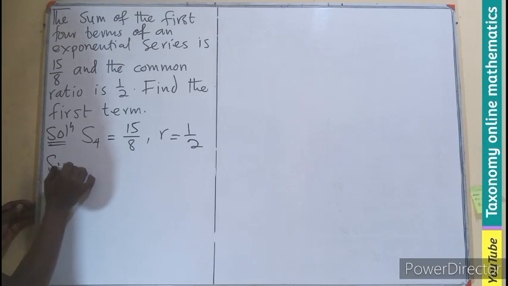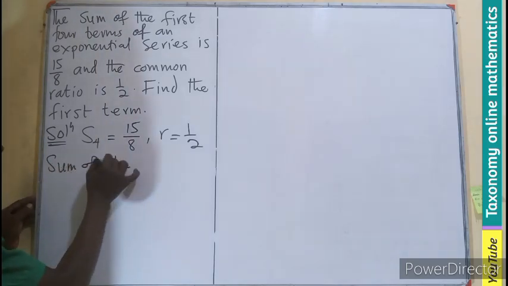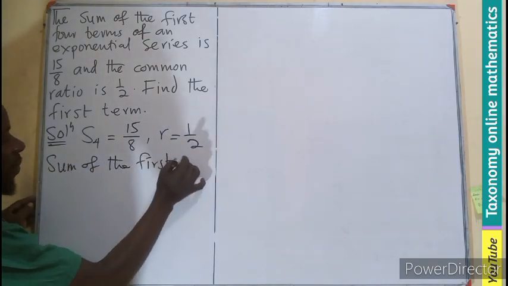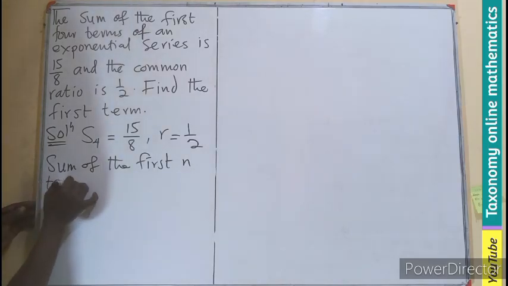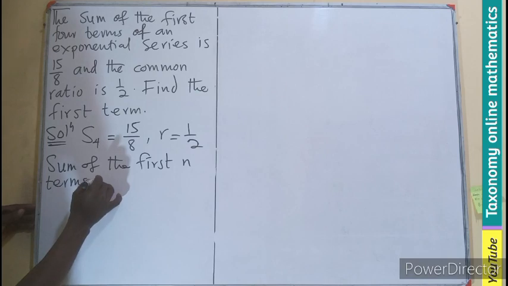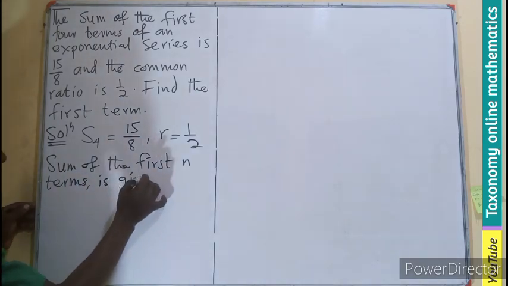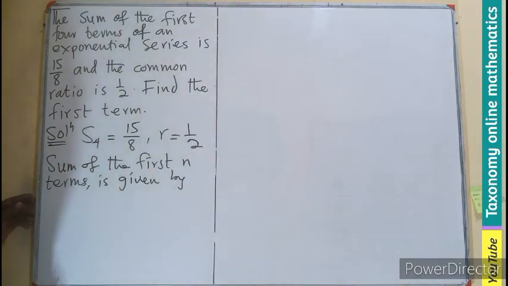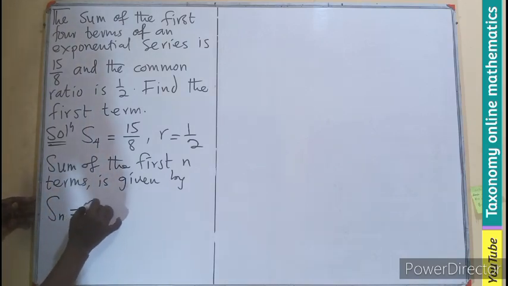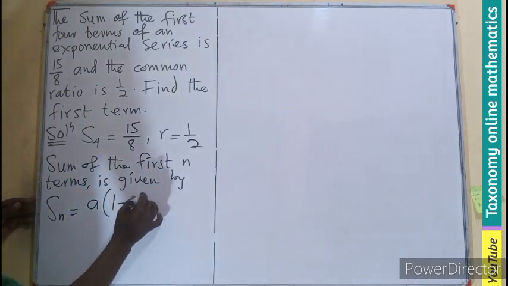The sum of the first n terms is always given by Sn equals a(1 minus r to the power n) divided by (1 minus r).